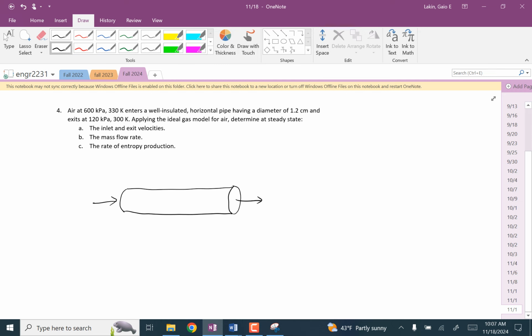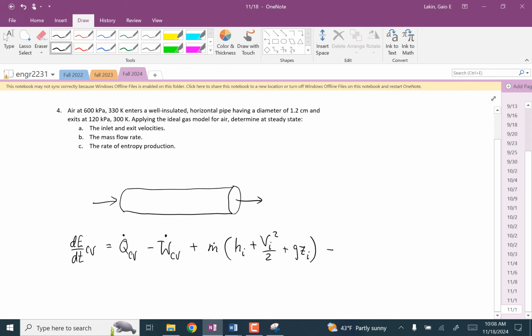So to calculate these values, we're probably going to be using dE/dt is equal to Q dot minus W dot plus m dot times (hi plus Vi squared over 2 plus g zi) minus m dot times (he plus Ve squared over 2 plus g ze).